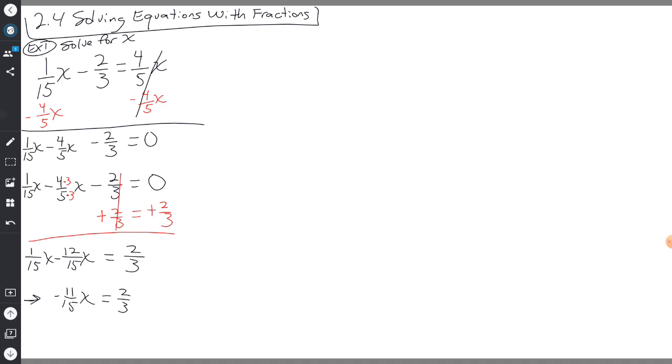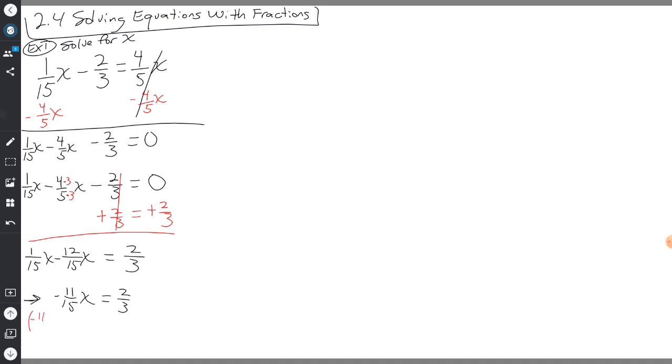Okay. All right. So we want to get rid of the negative 15 over x, but it's connected by multiplication. So we get rid of a fraction by doing what? Reciprocal. Multiplying it by its reciprocal on both sides.